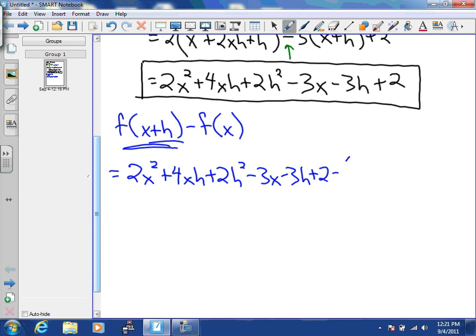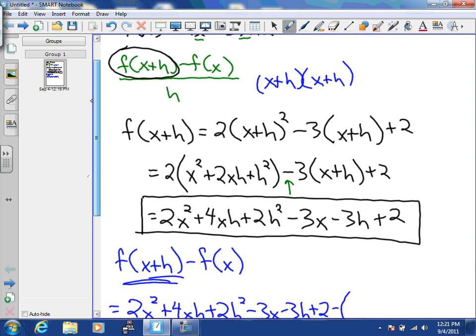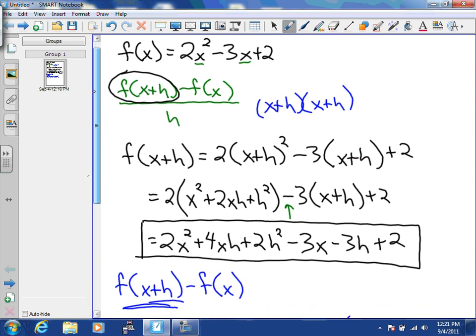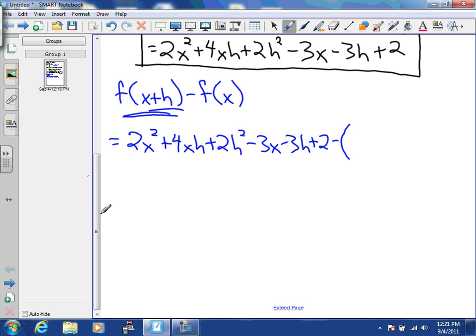Now what I have to do is subtract f of x. I'm running out of room here, so I got to write small. Well, f of x is the original function up here, 2x squared minus 3x plus 2. So that goes in the parentheses. Now this minus sign in front of that parentheses gets distributed. So everything inside of here is going to change signs.